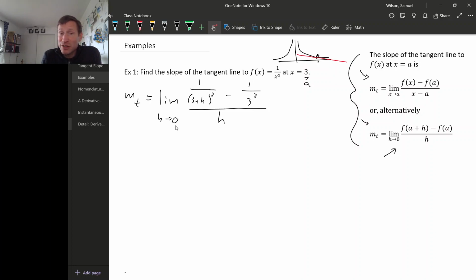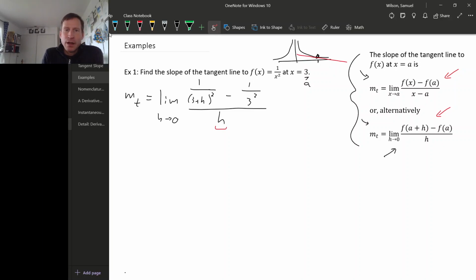Now, as usual, if you just try to plug in 0, you're going to get 0 over 0. So we have to do some algebra here. The goal, for the limits that come from the slope of a tangent line, is always going to be to cancel this h. If we can cancel that h, which is what's causing us to divide by 0 when we plug in 0, then we can usually just plug in 0.